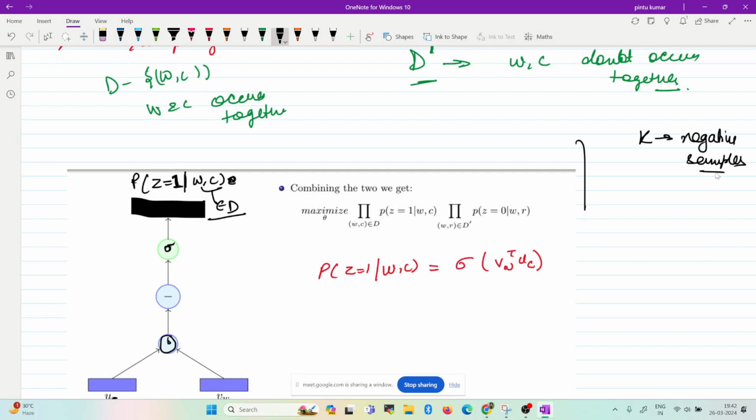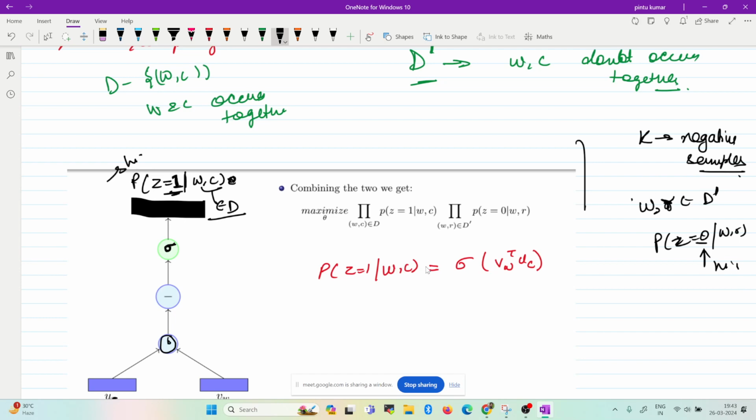So if W comma R belongs to D dash, that is, these words are not occurring together, then the probability Z should be equal to 0. In the positive case we want this to be high, that is, my sigmoid function should be close to 1. And we want a sigmoid function close to 0 if my words are random words.